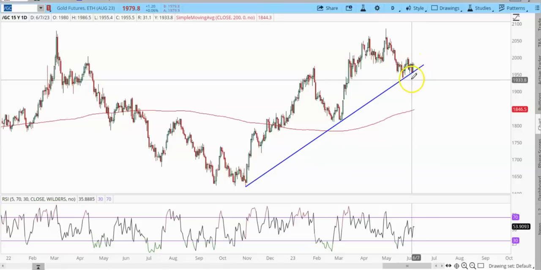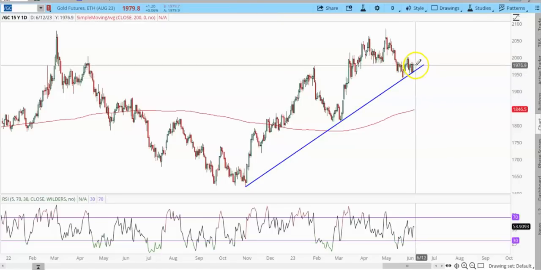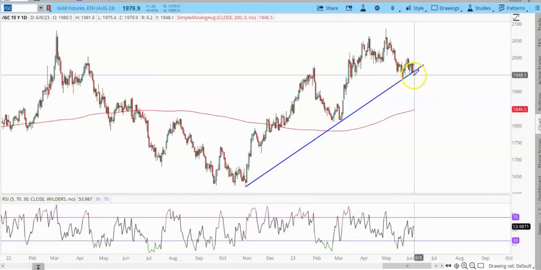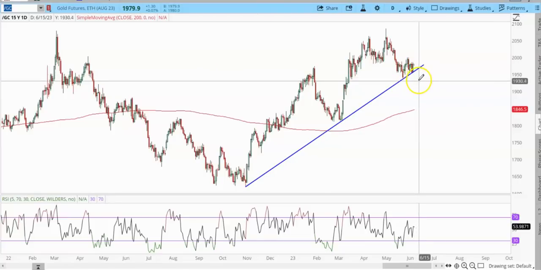Basically, every time I ignore one of my rules, it eventually comes back to bite me in the ass. So I am going to be very loath to try and call a bottom here until this trend line breaks.